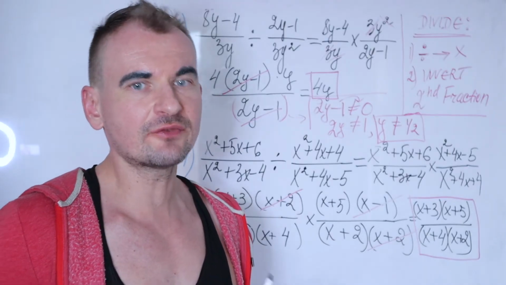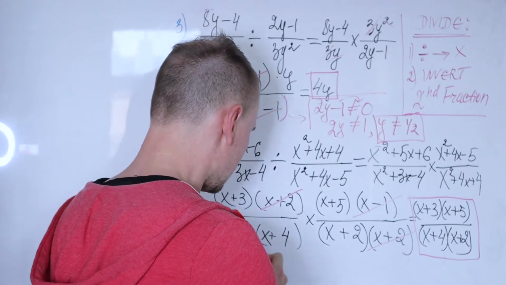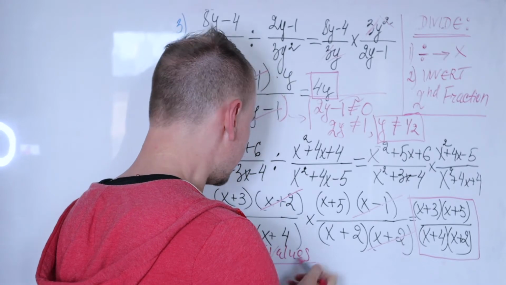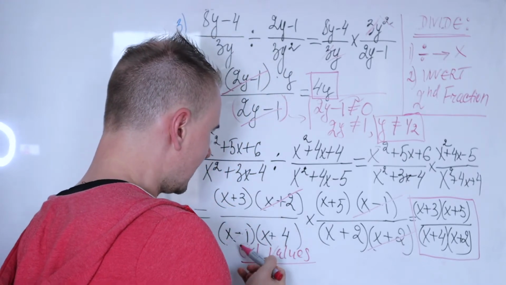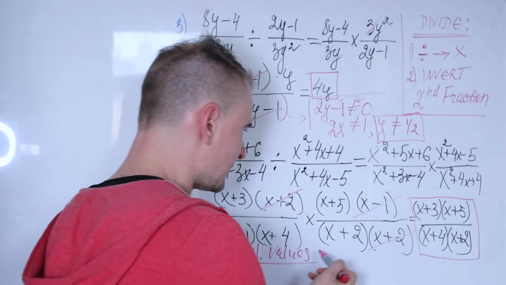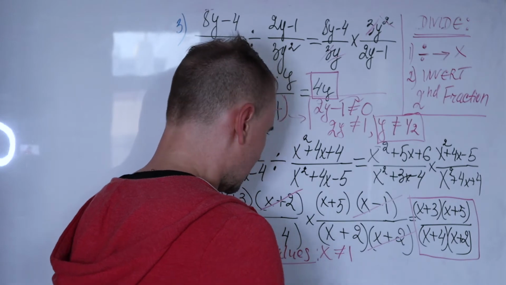About excluded values, we could write excluded values. That basically comes from these terms. When we cancel by x minus 1, your x cannot be equal to 1.